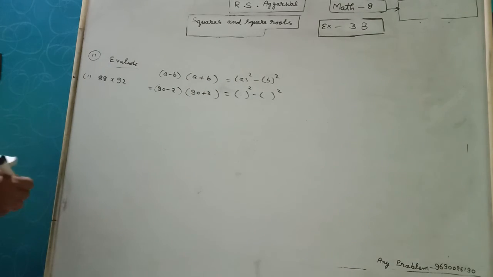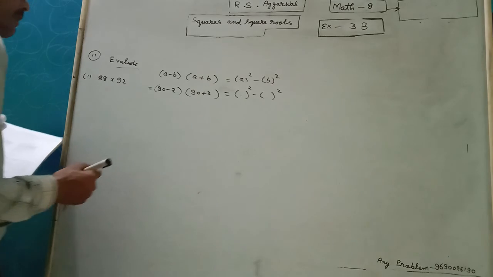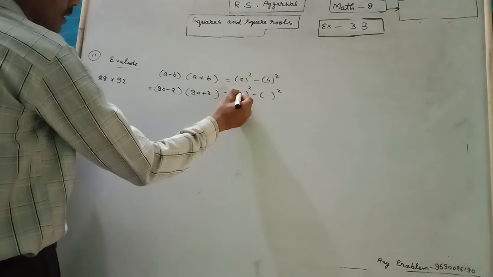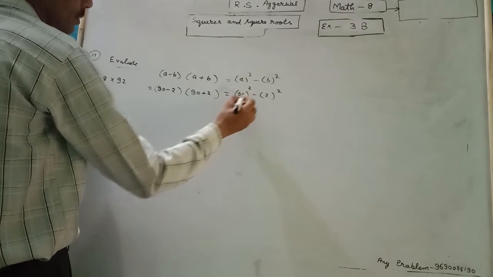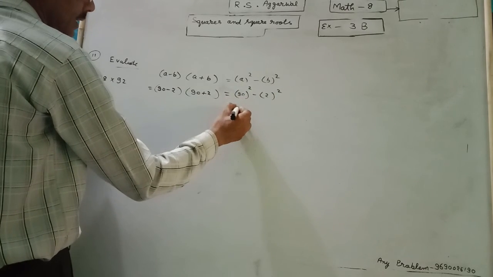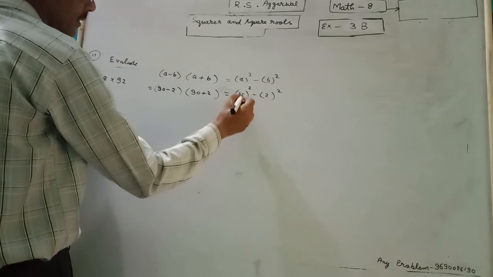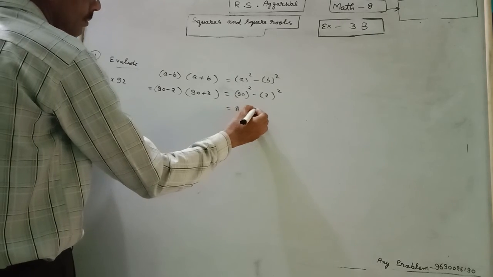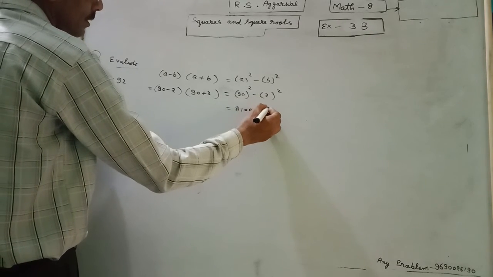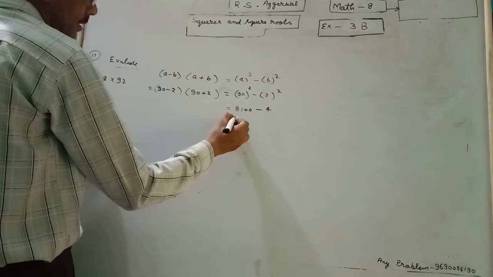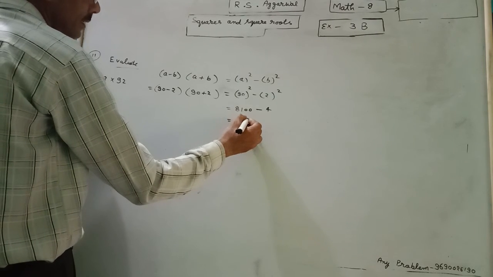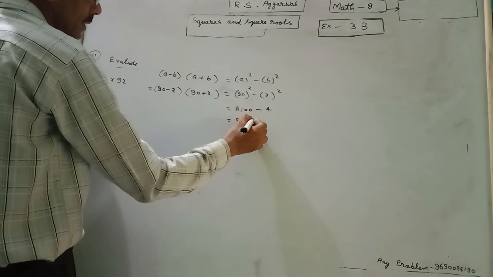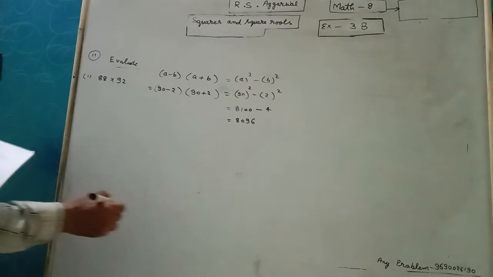A will be 90, B equal to 2. 90 square minus 2 square. 90 square is 8100, 2 square is 4. After minus, 8096.